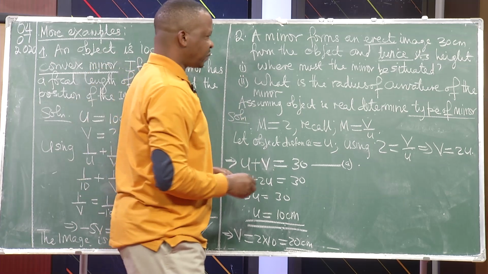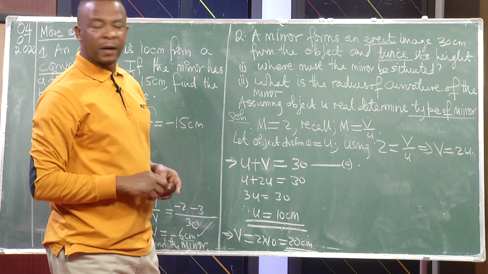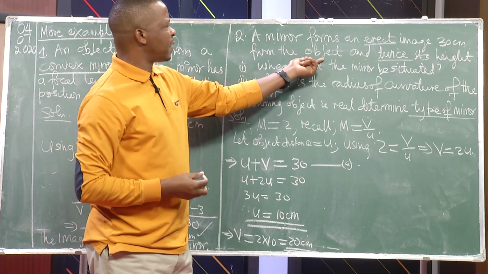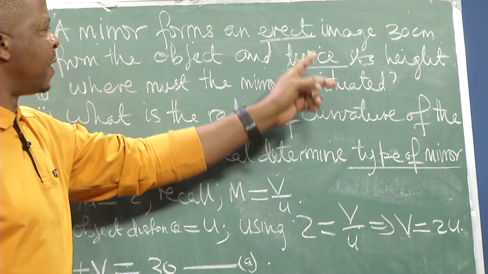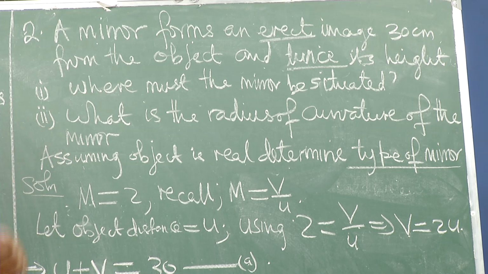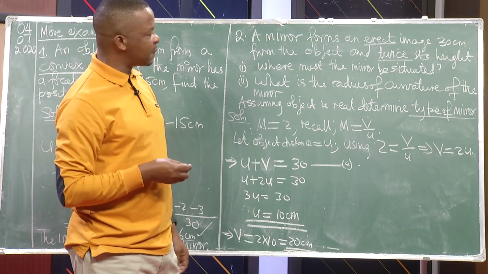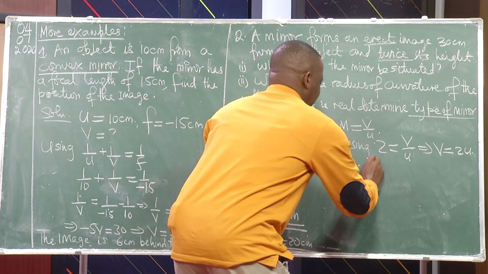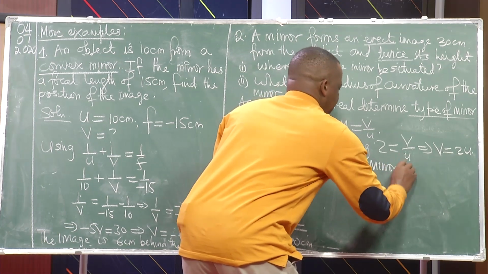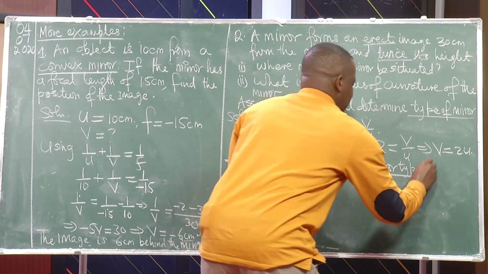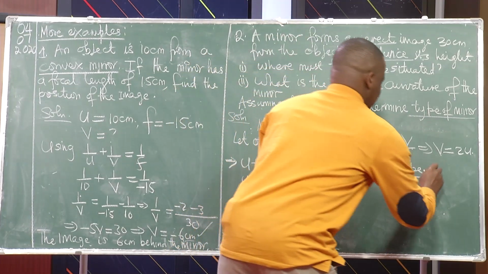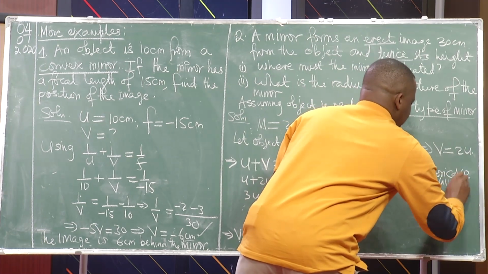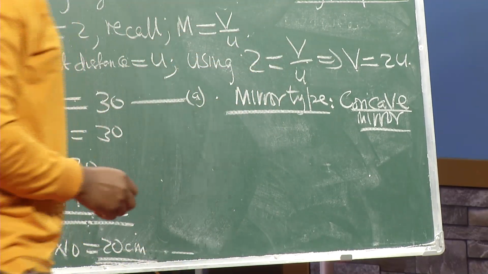The fact that the image is erect and twice the height of the object implies that this mirror must be one that magnifies objects, and therefore the mirror type is concave, since the image is magnified.